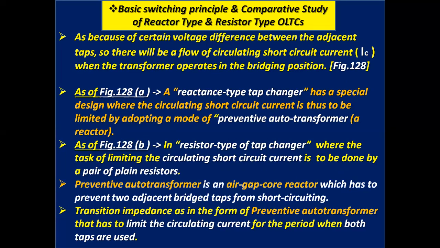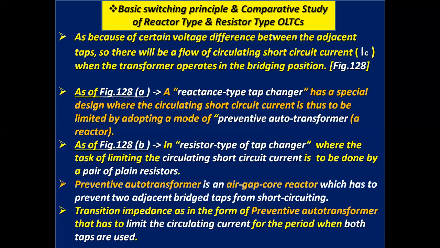See figure 128. As of figure 128A, a reactance type tap changer has a special design where the circulating short circuit current is limited by adopting a preventive auto-transformer, that is, a reactor.